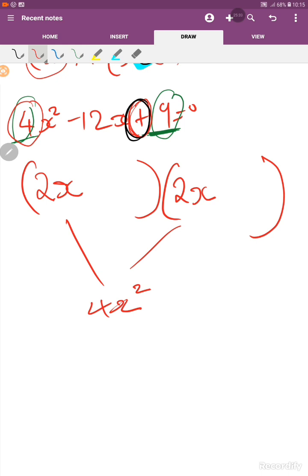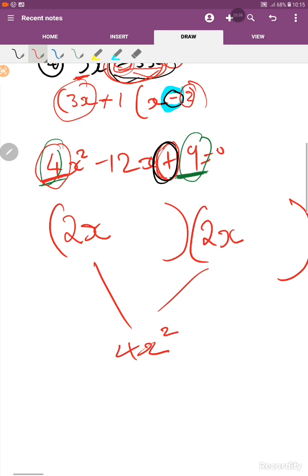If we have 3 here, you can't multiply 3 by another number to give you 3. It's only 3 and 1, right? But if you put 6, you can multiply 2 and 3 to give you 6. Or if it's 9, you can multiply 3 by 3 to give you 9. Remember that. If it is 5, you cannot multiply 5 by another number to give you 5, except that 5 multiplied by 1 is 5.